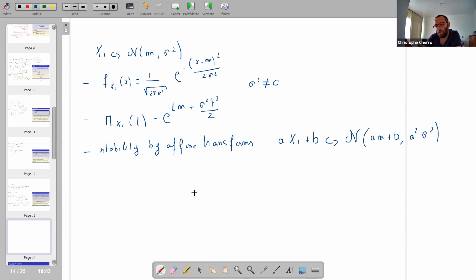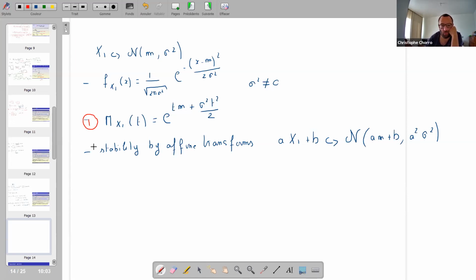And what we are going to try to do now is to extend these three properties to the case of Gaussian vectors. We are going first to prove that I am able to find the moment generating function of a Gaussian vector, and you are going to see that the result we are going to use is this one in order to prove this result.